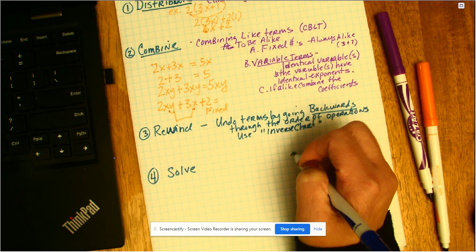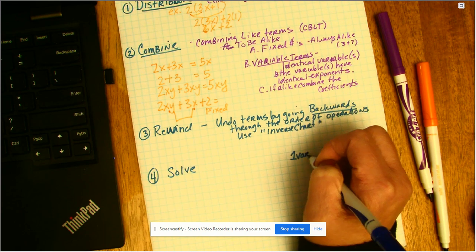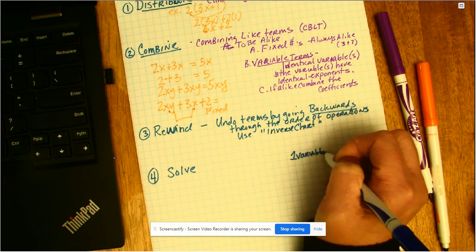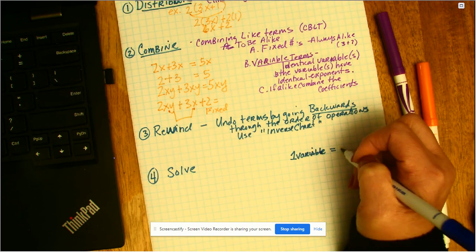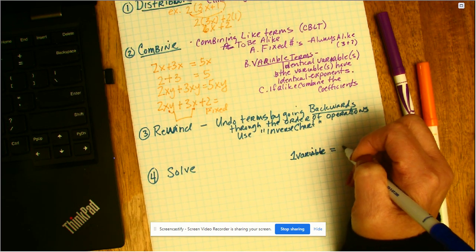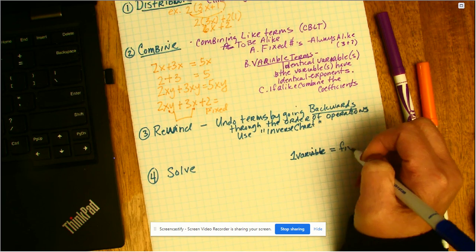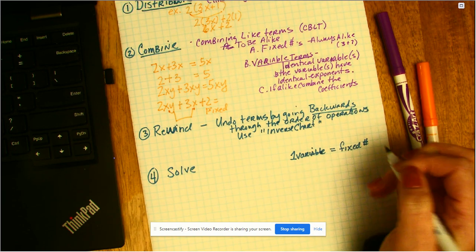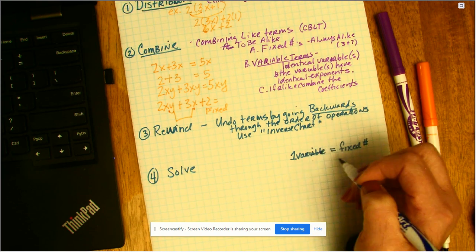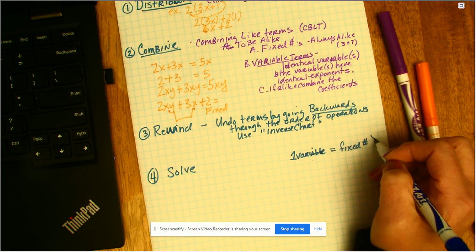That means we have one variable equal to usually a fixed number, right? But then we also have 2 special cases, but this is the usual.